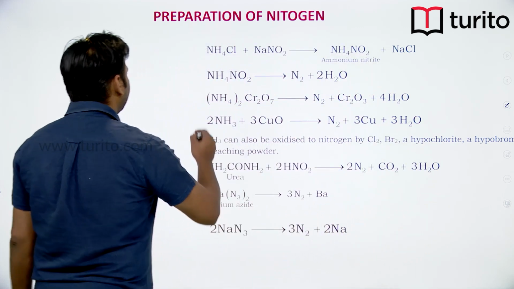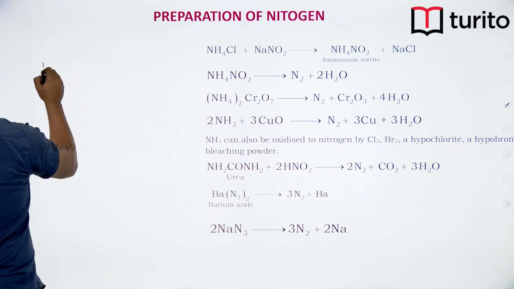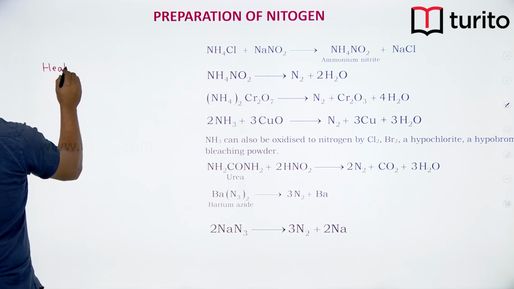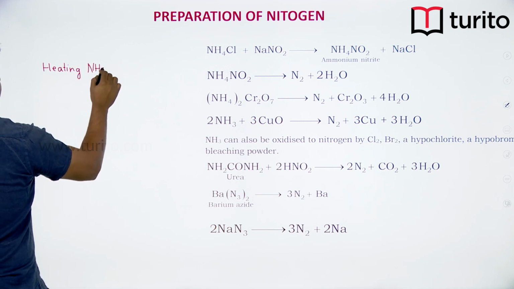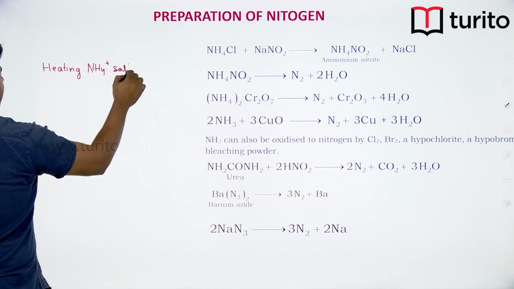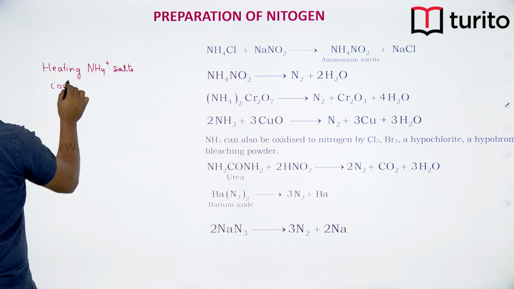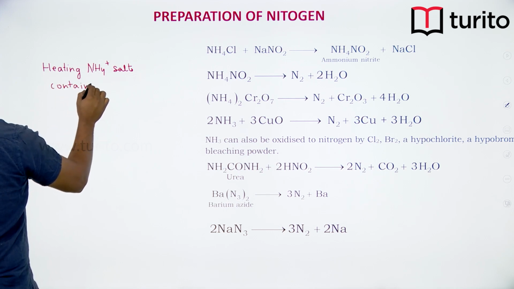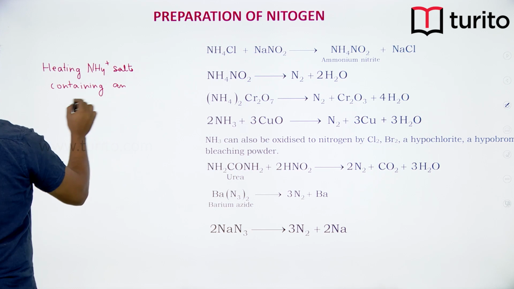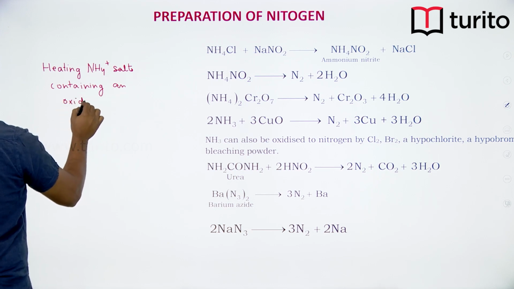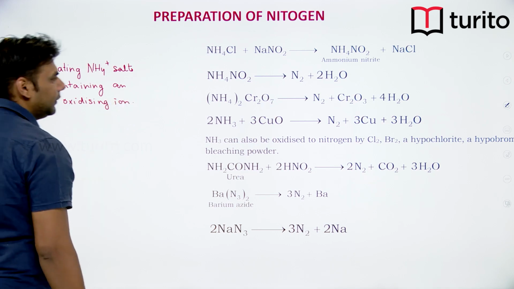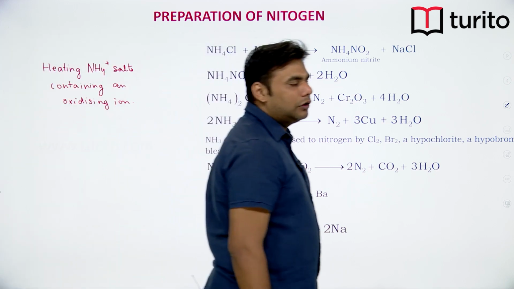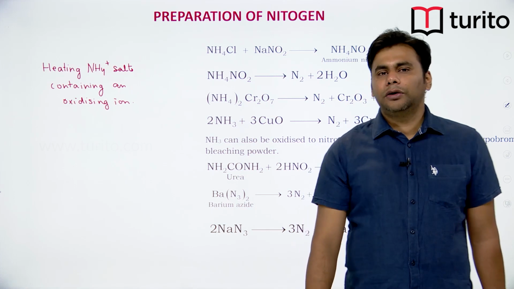Preparation of N2 can be done by heating ammonium salts containing an oxidizing anion. Whenever there is an oxidizing ion along with ammonium ion, it will always oxidize ammonium ion into N2.